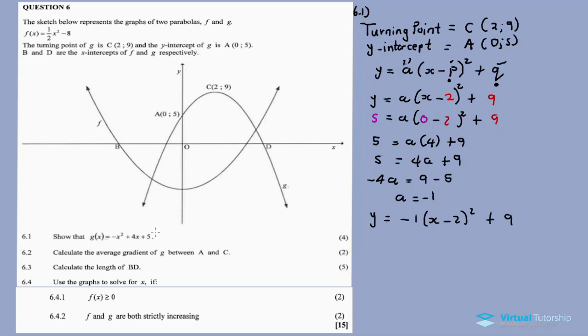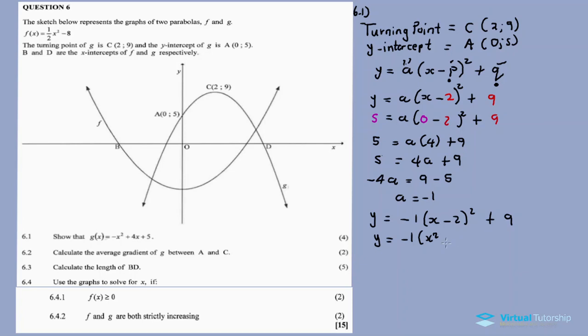But the equation must be written in standard form, since this is the completed square version of this quadratic. So here we must solve for this bracket and simplify. Give out -1, give out x squared. So I multiply our brackets by 2 using the FOIL method.